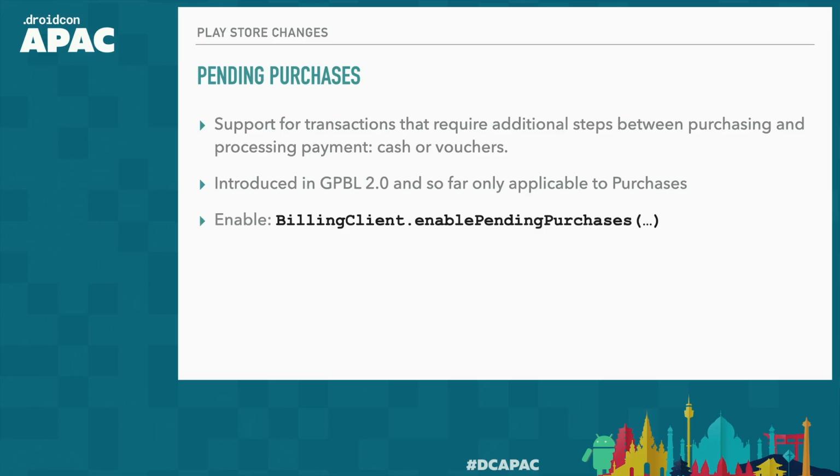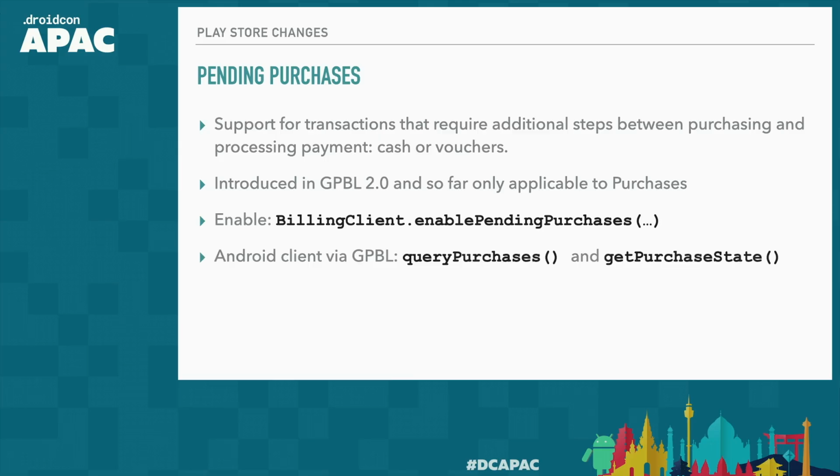The good thing, or what makes it a bit easier, is you have to actively enable it. It's not enabled by default because there is obviously an acknowledgement that not everyone needs that at this stage. But the more Google Play branches out to the real world and vouchers and cash and shop payments, the more prominent this will become at some stage.